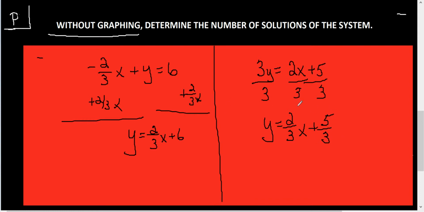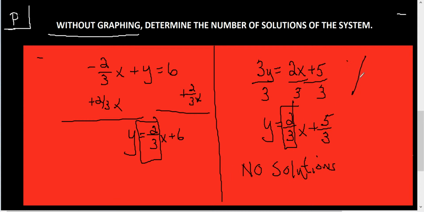And there we have it. I got a 2/3 here for the slope and a 2/3 here. So that tells us, without graphing, the number of solutions. The lines are parallel, so we have no solutions. We have to think about that at the end, depending on what our lines are. If they cross, remember, we have one solution.